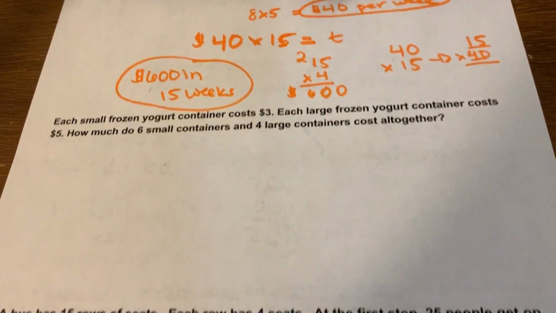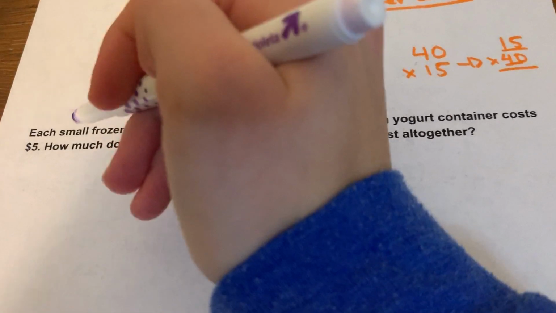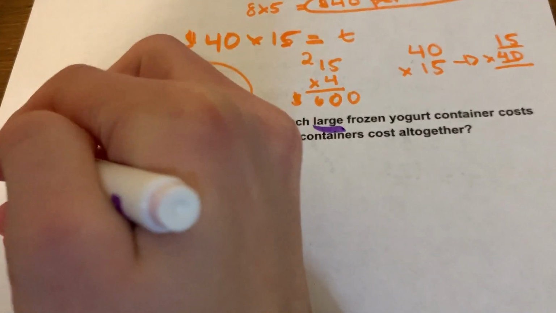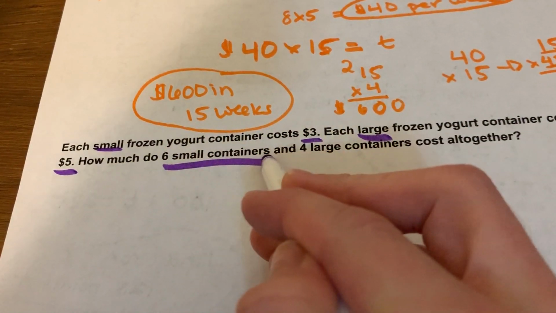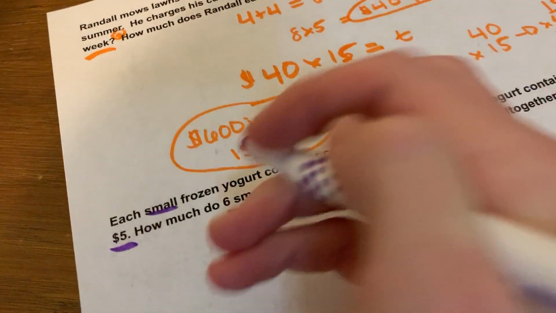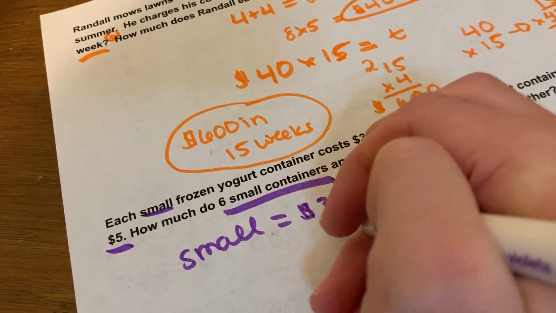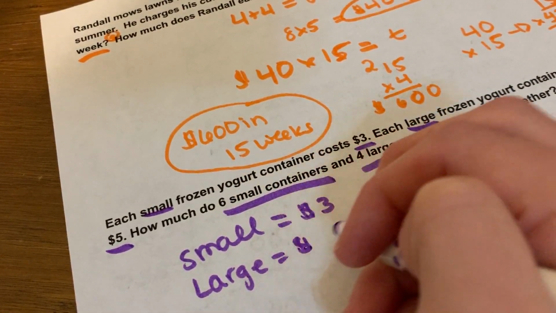All right, so each small costs $3 and each large costs $5. We want to know how much 6 smalls and 4 larges cost together. So the small equals $3 and the large equals $5.